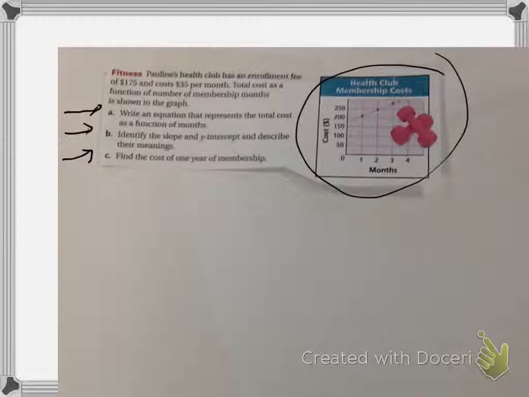The way you write an equation from context is that slope is always the rate, the thing that happens over. If you think about this, the cost is $35 per month, so that's an easy way to pull out your slope. It's 35 every 1 month.